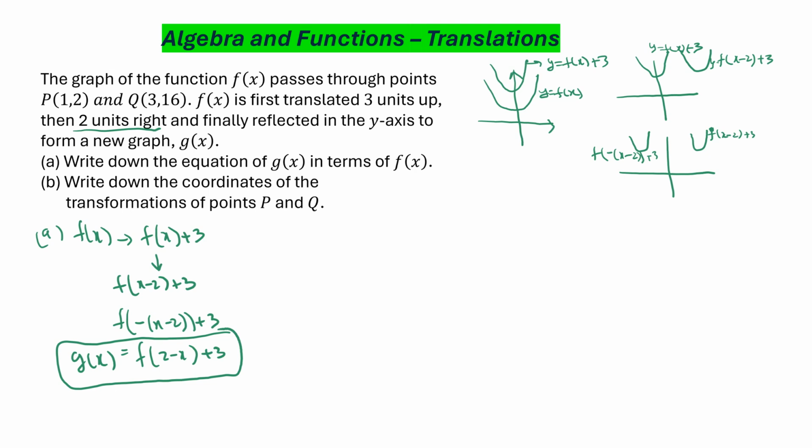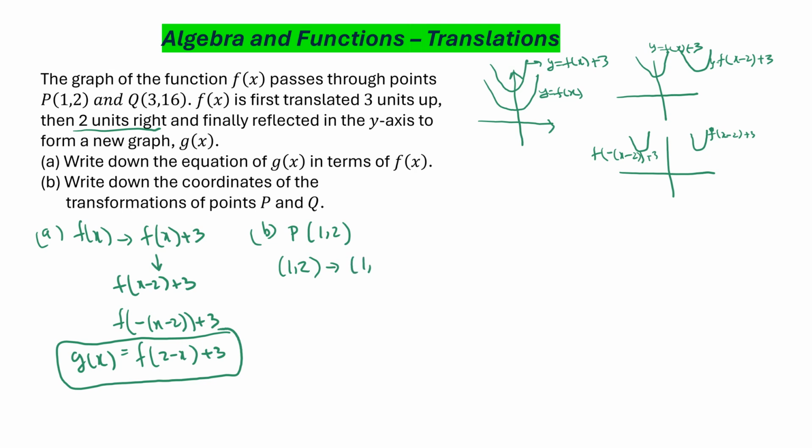So the first bit is done, and the next bit, we need to find the coordinates of the point P. P we are given as (1, 2). It is going 3 units up, so the 2 would be 2 plus 3.